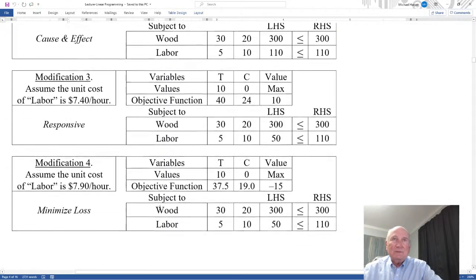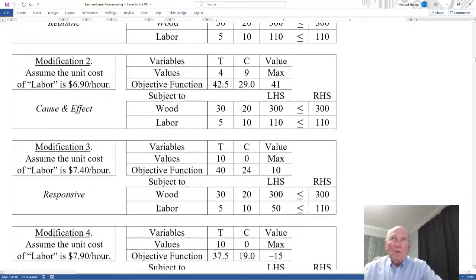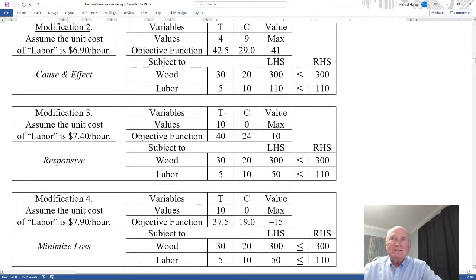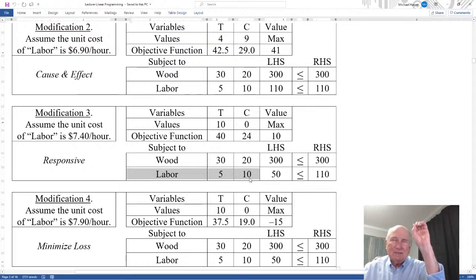Let's back up to example 2. Why would chairs go to 0? I think we mentioned this earlier, I think in the last video. But right here, I'm changing cost, the cost of labor. So for labor, which one is going to have the greatest impact when you change the cost of labor?